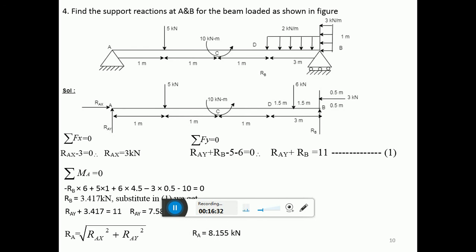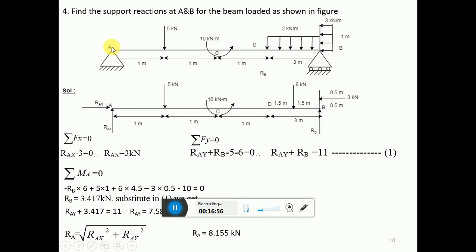Okay. Next problem. Find the support reactions at point A and point B, for the beam loaded as shown in figure. This is a pinned or hinged support. How many reactions have developed here? One is RAY, one more is RAX, either in this direction or this direction.